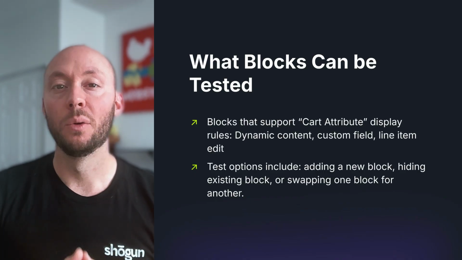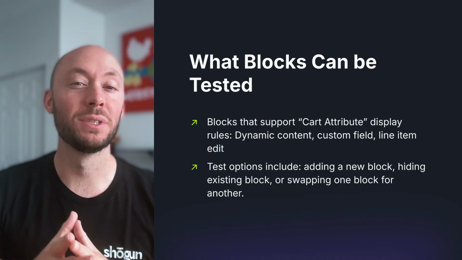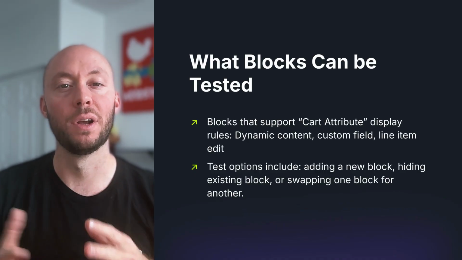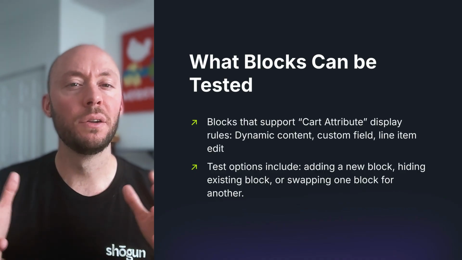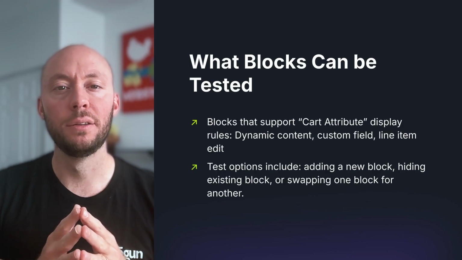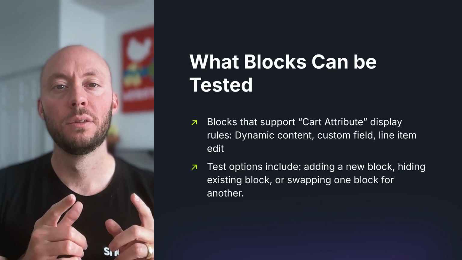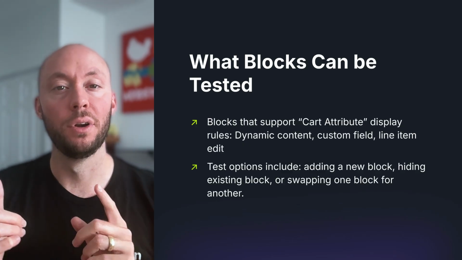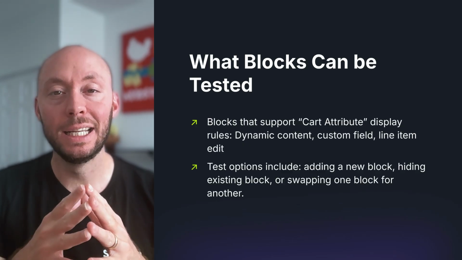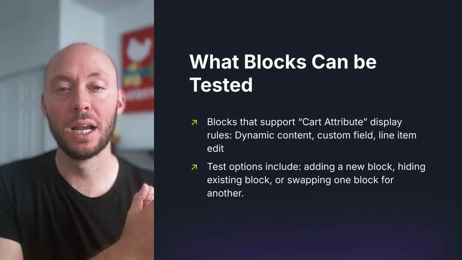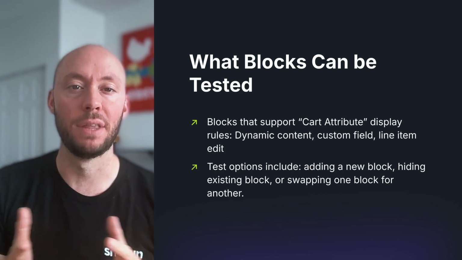Just keep in mind, we utilize those display rules, so the display rules have to be available for us in order for us to run those tests. Also, another thing to note, with any test you run, you can either show a new block that doesn't exist on your current checkout, you can swap one block for another, or you can simply hide an existing block that's on your current checkout and you want to test a variant that just doesn't have that block.